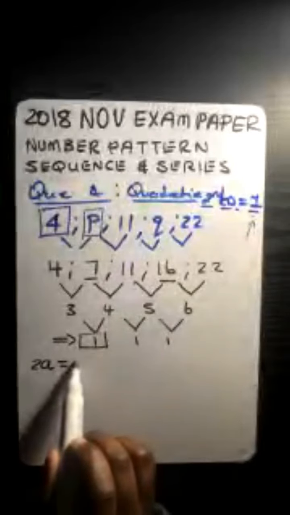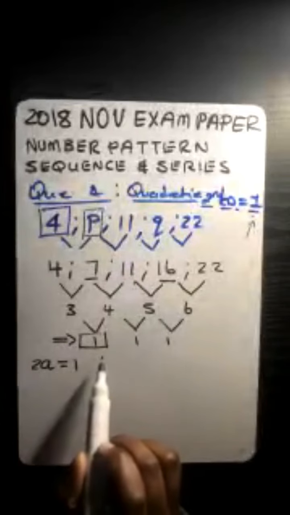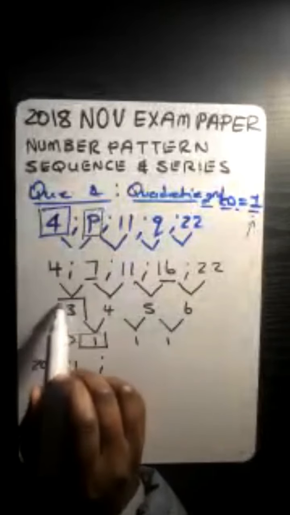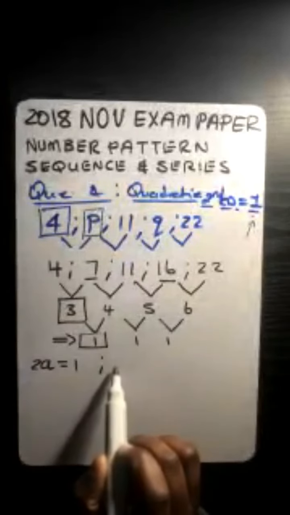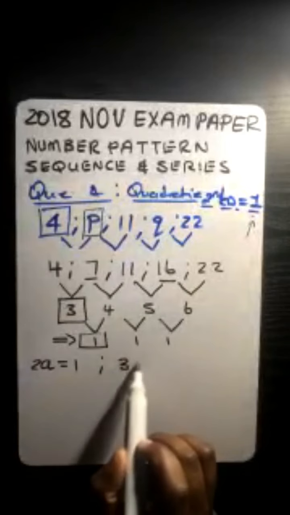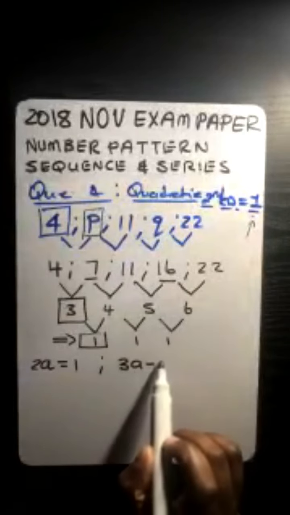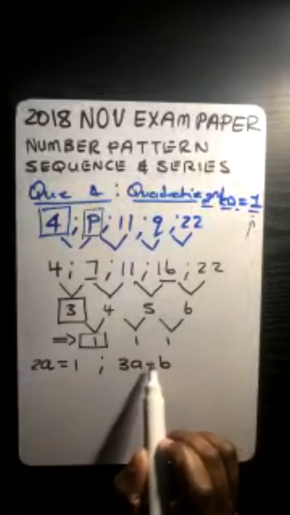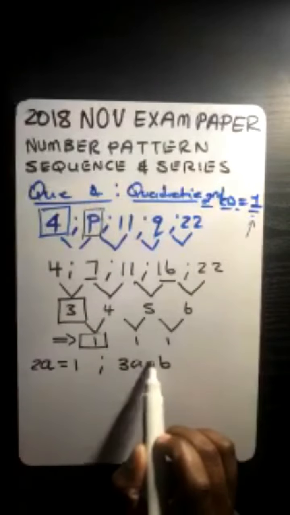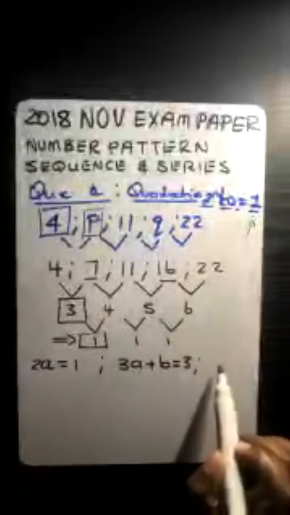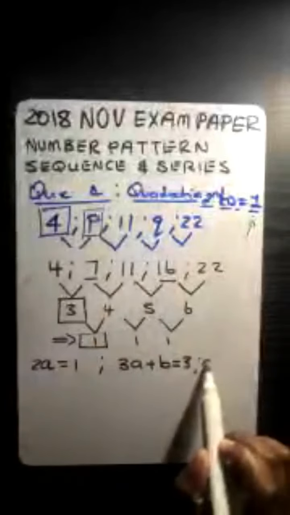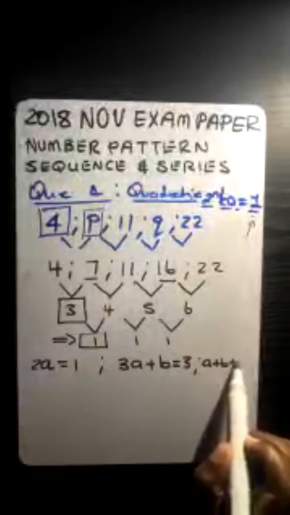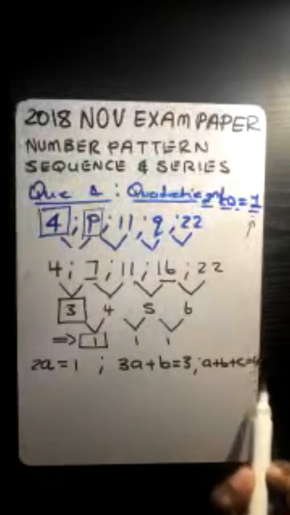This is 1. And then again, this one is equated to what? It's 3a, is it minus b or plus b? It's positive b, sir. Positive b is equals to 3. And then what else are we having? That one I remember is just a plus b plus c. It is equals to the first term 4.